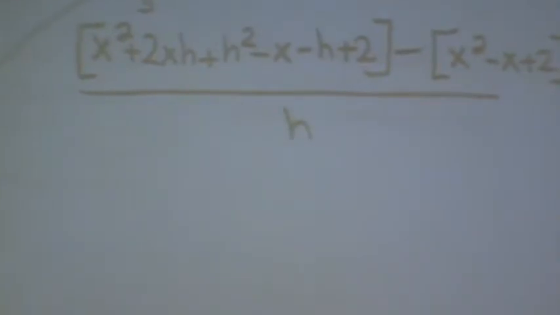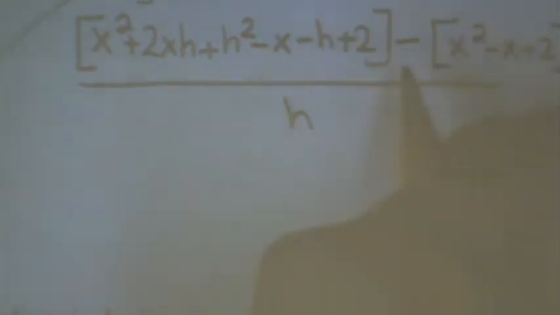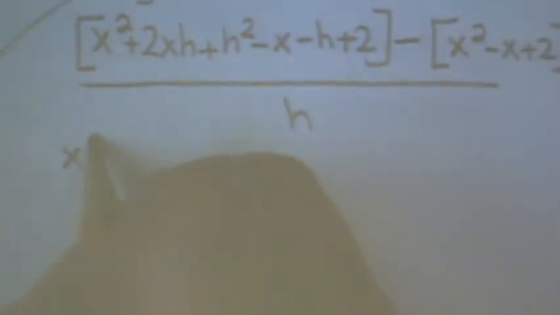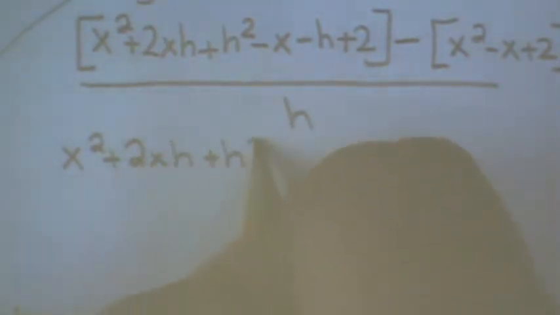That's the easiest way I can think of to show you how to do these ones. Does it make sense now? Sure. Are we done? No, what do you think you're going to do? Distribute. Distribute what? The negative, right here. So, x squared plus 2xh plus h squared minus x minus h plus 2.